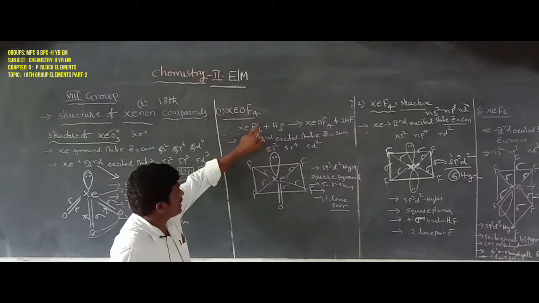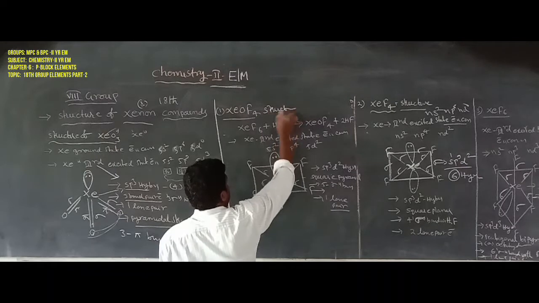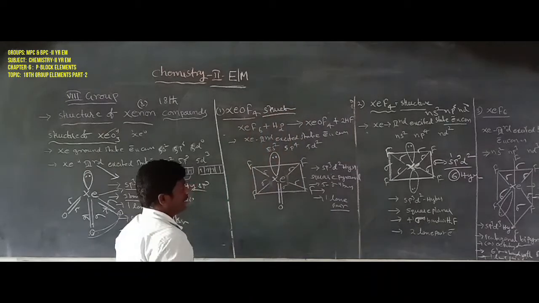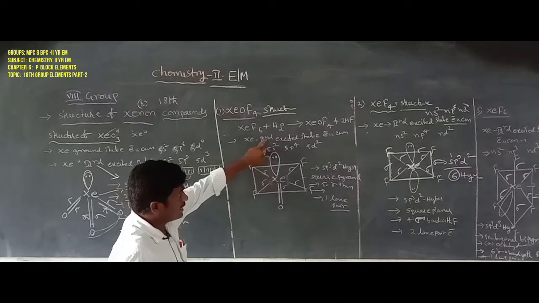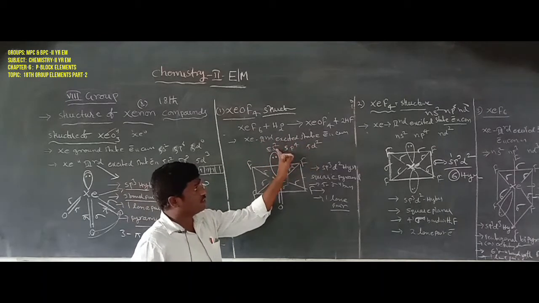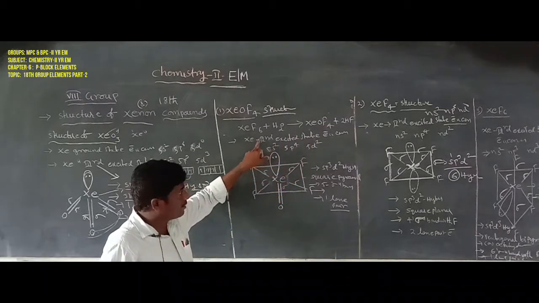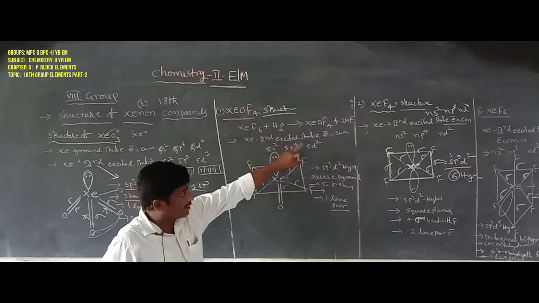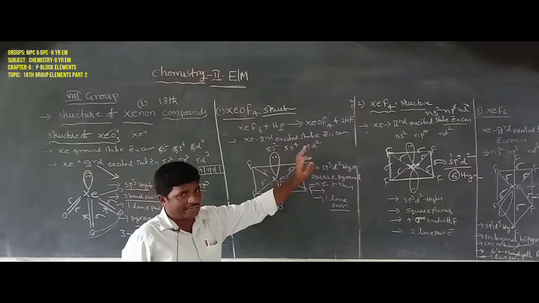Now the structure: in xenon oxy tetrafluoride, xenon is the central metal atom. The xenon second excited electron configuration is 5s2, 5p4, 5d2.